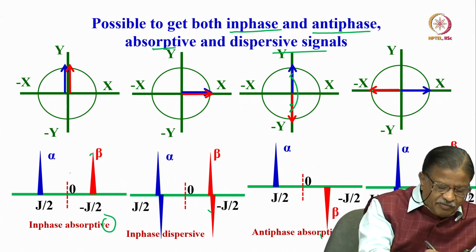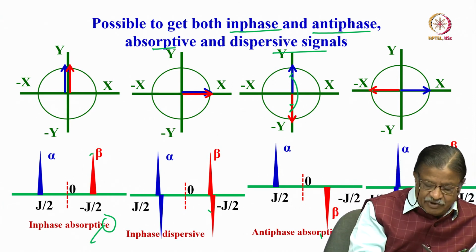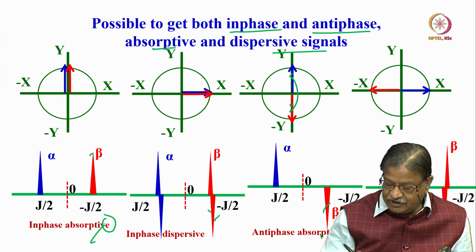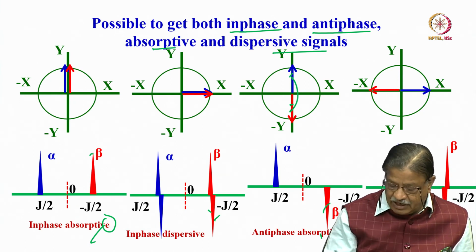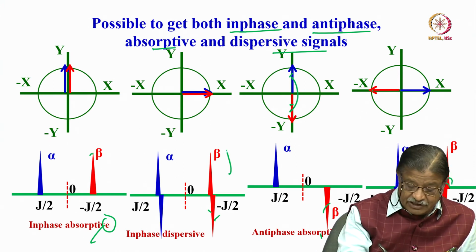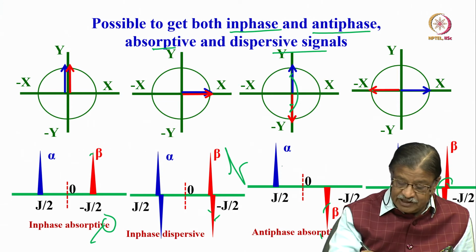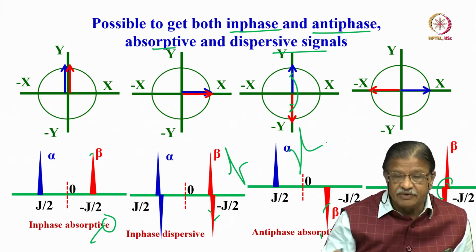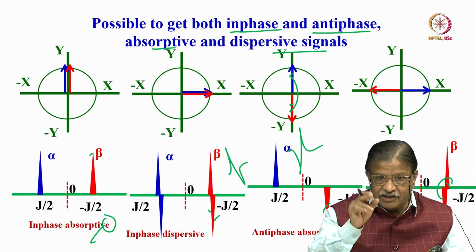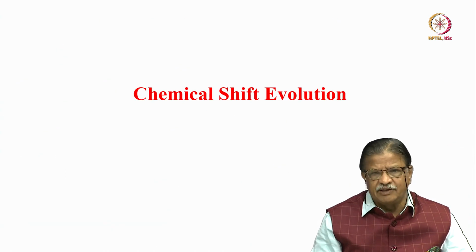Just both the components of the doublet: this is in phase absorptive, this is in phase dispersive, this is anti phase absorptive, this is anti phase dispersive. In phase dispersive goes like this, anti phase absorptive goes like this, whereas anti phase dispersive goes like this. That is the difference. So, it is possible to get a combination of in phase, anti phase, absorptive, dispersive signal.